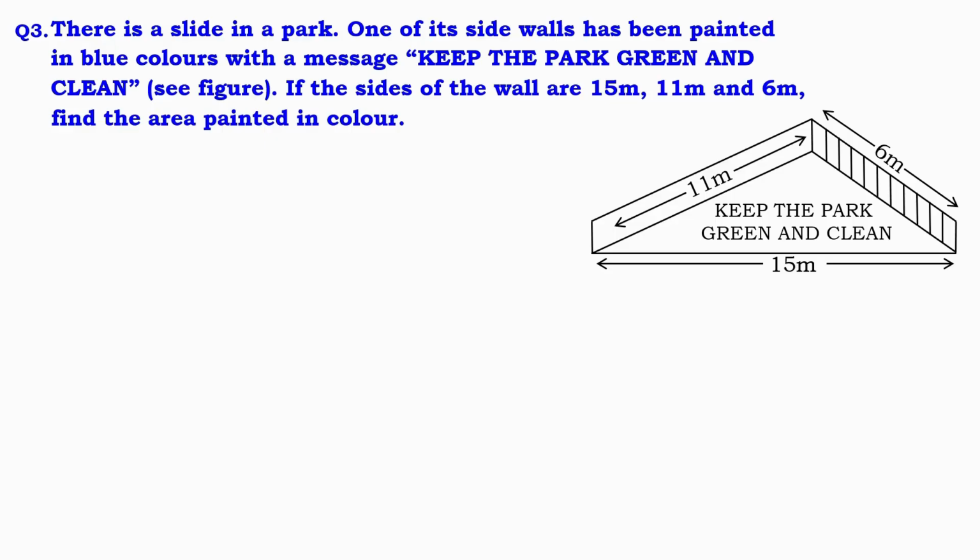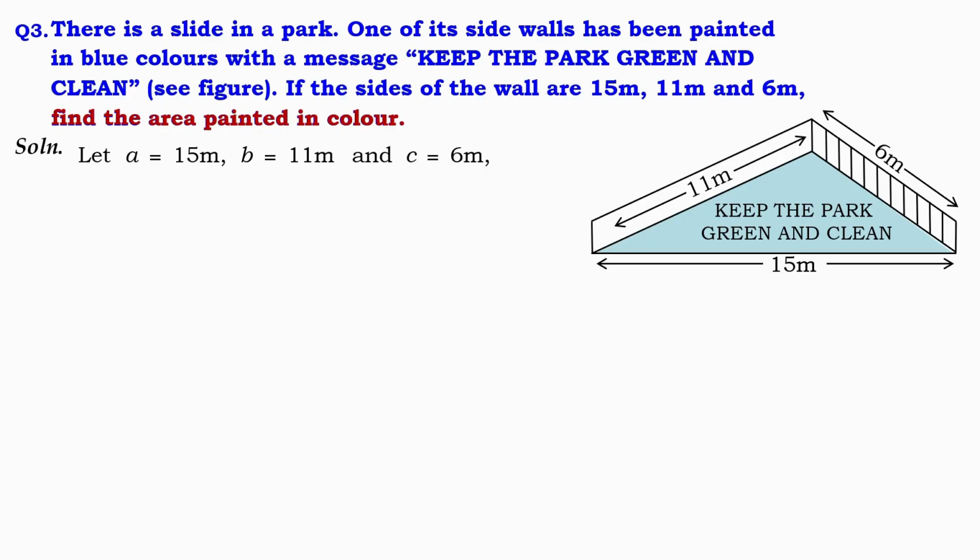So this is the inner part that we need to paint, which means we have to find the area of the inner part of the triangle, right? So let A equal to 15 meter, B equal to 11 meter and C equal to 6 meter.